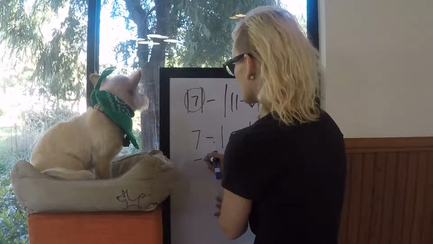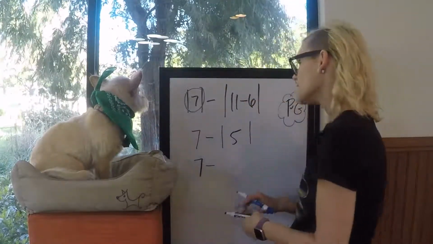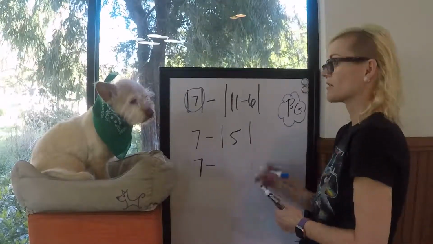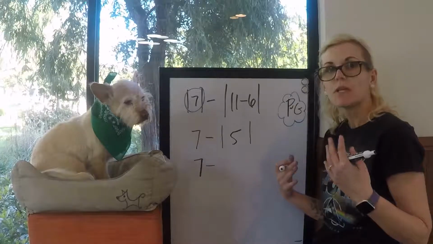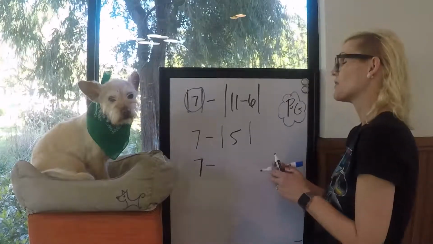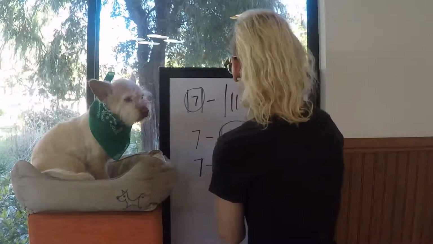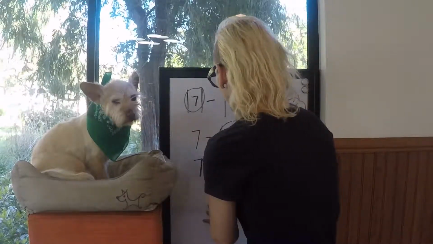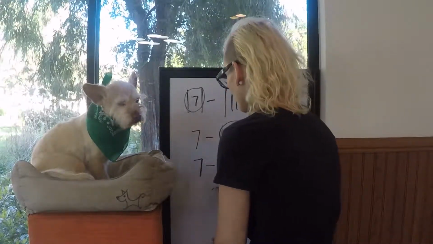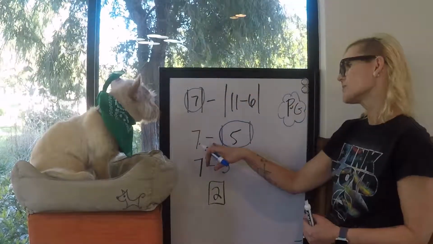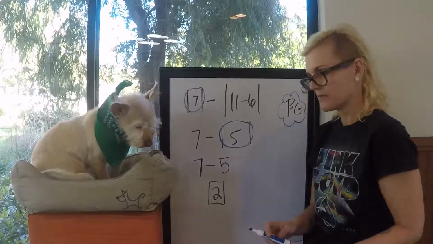I'm going to bring everything down. 7 minus the absolute value of 5, that's true, I could just find my answer this way, but let's be real professional pre-algebra or algebra students and say the absolute value of 5 is 5, so 7 minus 5 is 2. So don't skip steps, actually write it out.